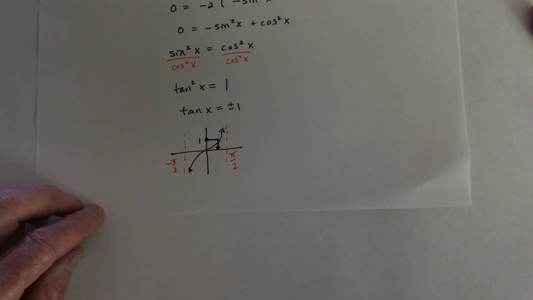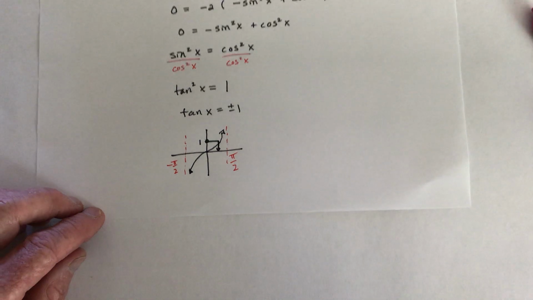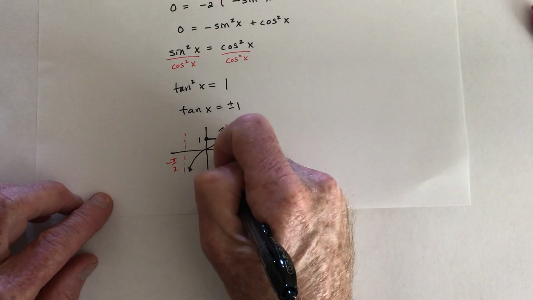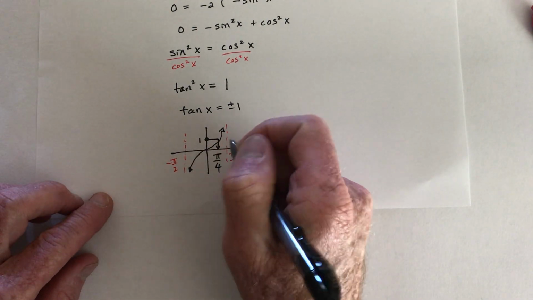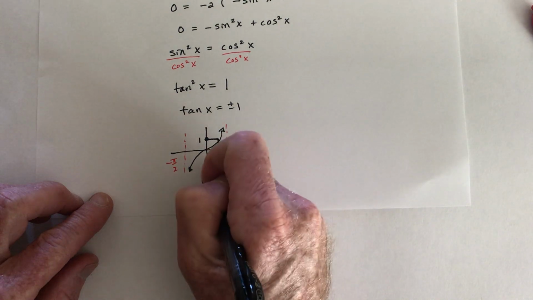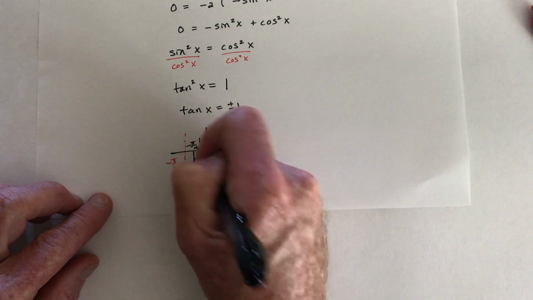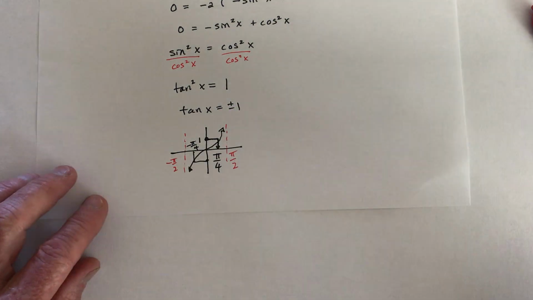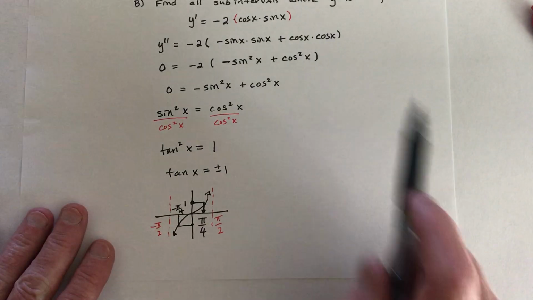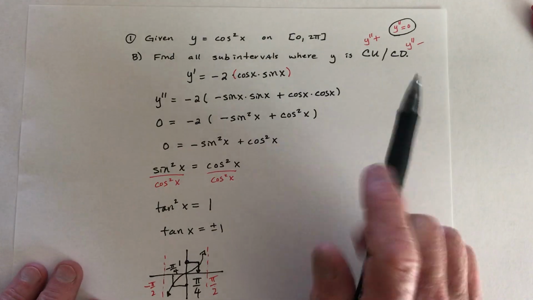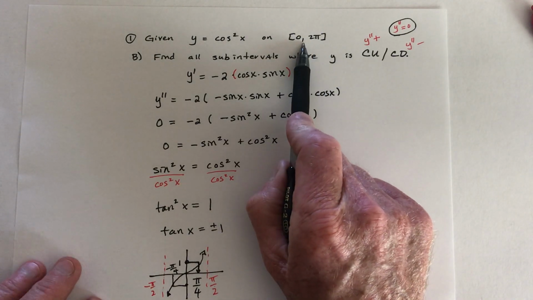So that means that this answer right here would be pi over 4. And where it equals -1, it would go over here and say there's also an answer at negative pi over 4. Now, according to this, all of the answers are supposed to be positive.